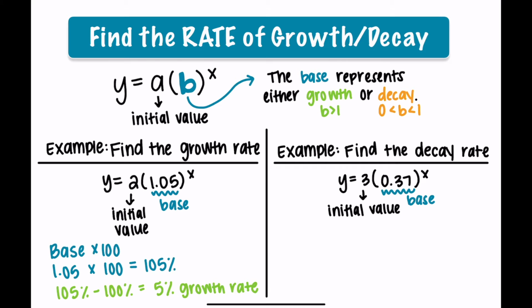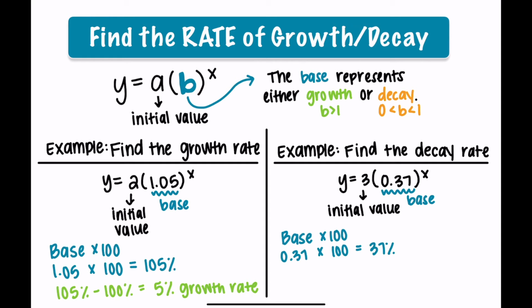So we're going to take our base and multiply it times 100. So that's 0.37 times 100, which is 37%. So that 37%, how much lower than 100% is that? That's how we find the decay rate.